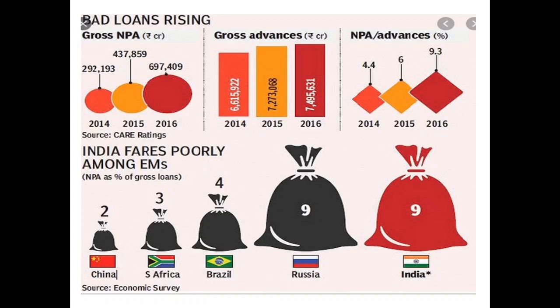Now the third chart is telling you something about NPA as a percentage of total advances. They are giving it in percentage form: 4.4, 6, and then 9.3. You see, this is alarming. Alarming in the sense that for every 100 rupees that you're giving in the year 2016, 9.3 rupees out of every 100 is going into NPA.